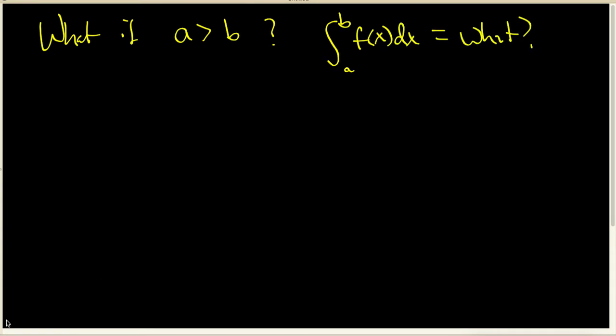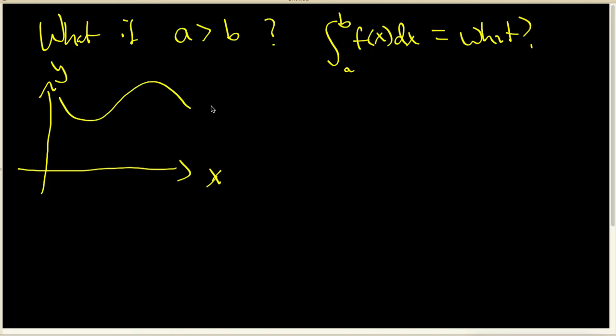So what I want to do is I kind of want to draw a picture. So here's my x-axis, here's my y-axis, and I'll start off by assuming that y is equal to f of x stays above the x-axis. Now, what I want to notice this time is because a is bigger than b, x is equal to a is over here, and x is equal to b is over here.